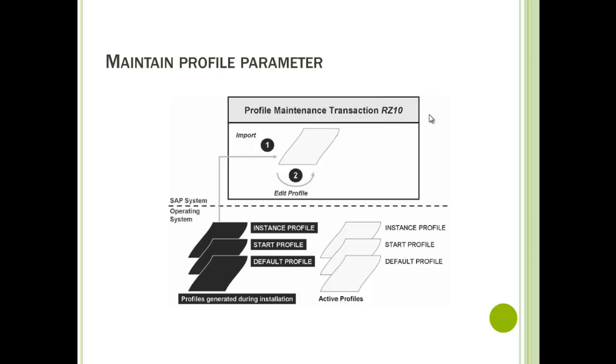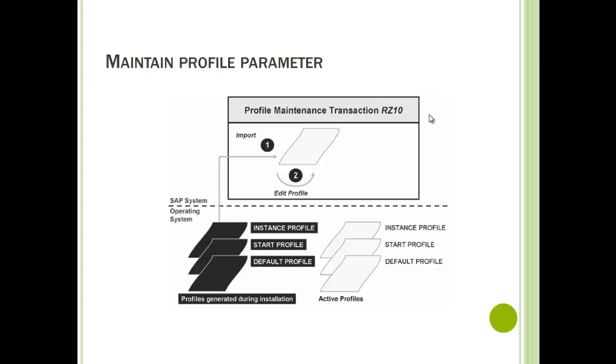Basically, we can have the profile administration maintained within SAP itself, centrally. Then you can also check the consistency of the profile parameters. There is an option called consistency check in RZ10, using which you can check the consistency of your profile. And there is administration of multiple versions of profiles.